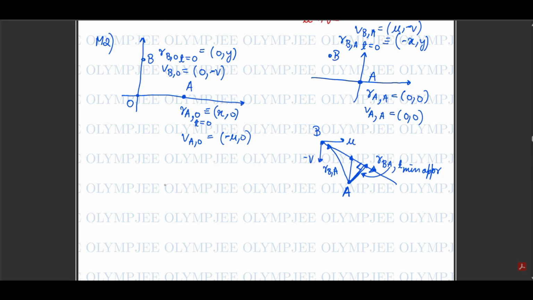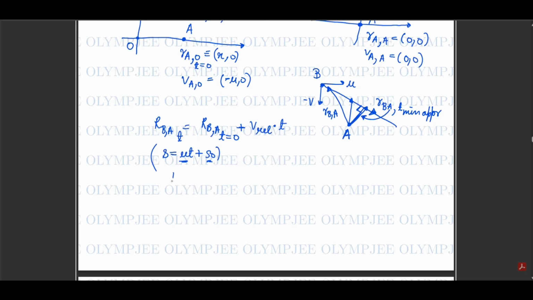And we can write R_BA at any time t as R_BA at t equal to 0 plus relative velocity into t. This is nothing but s is equal to ut plus s naught. This is initial position and this is ut. Since we are in relative frame, we are using v_rel.